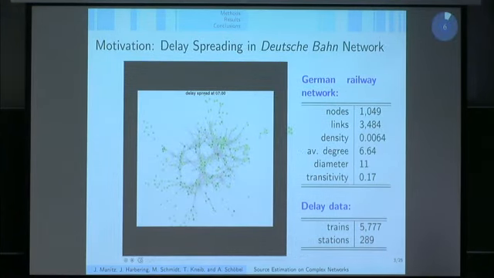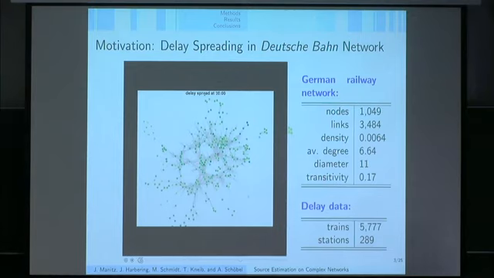So looking at an example for delay spreading, we do have some data examples from the major German railway operator, Deutsche Bahn. And we can see a network with about 1,000 nodes, about 3,500 links in between them, a rather low density, so it's a very sparse network, which is super typical for transportation networks.